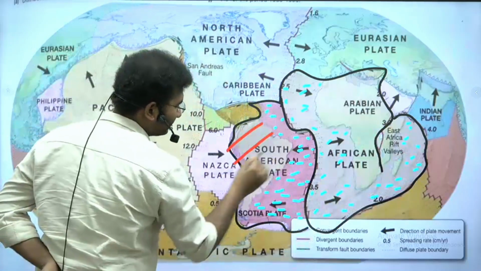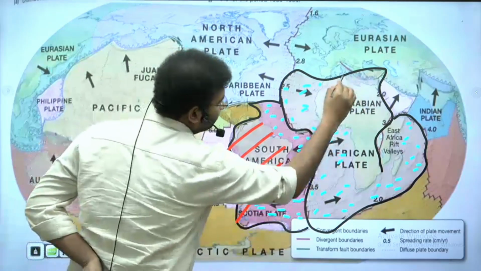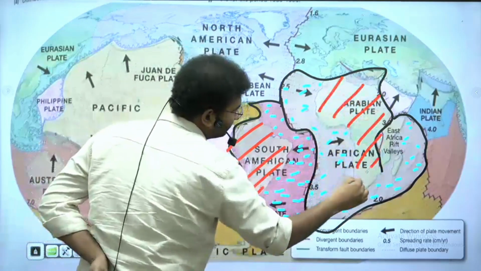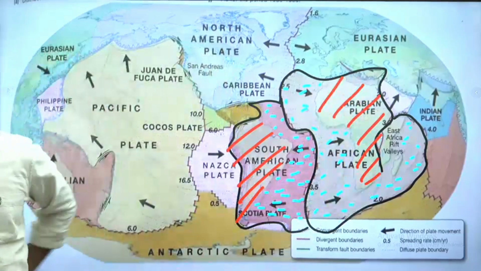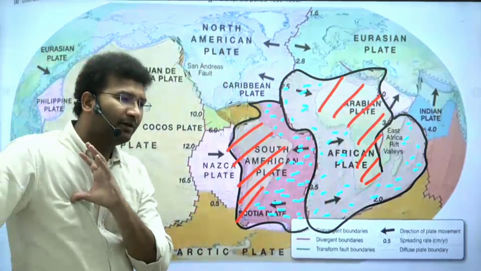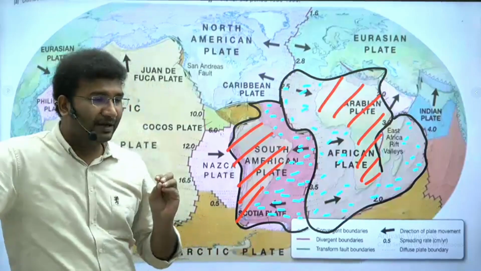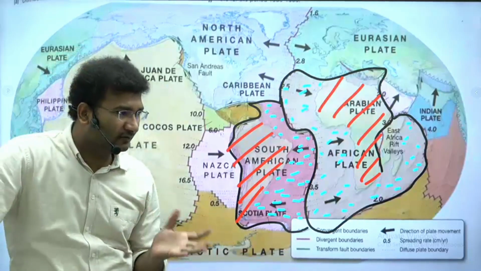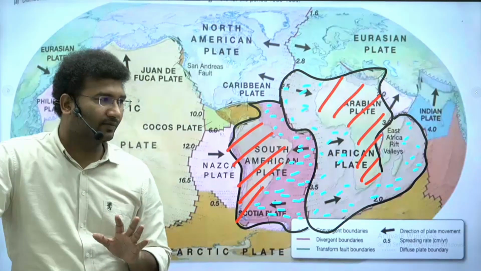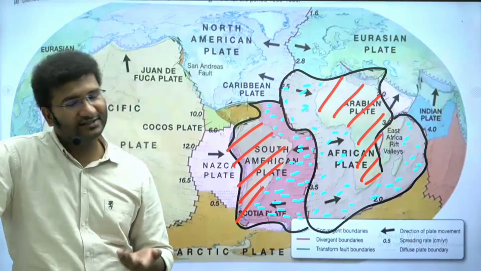This is your continent. A plate can be made up of complete ocean. A plate can be made up of complete continent. A plate can also be made up of some part of the ocean and some part of the continent. Right?